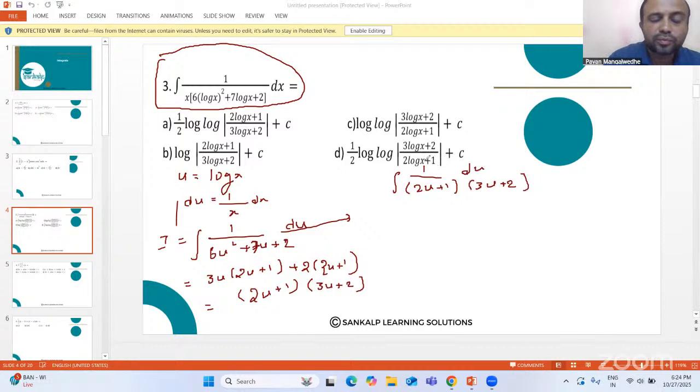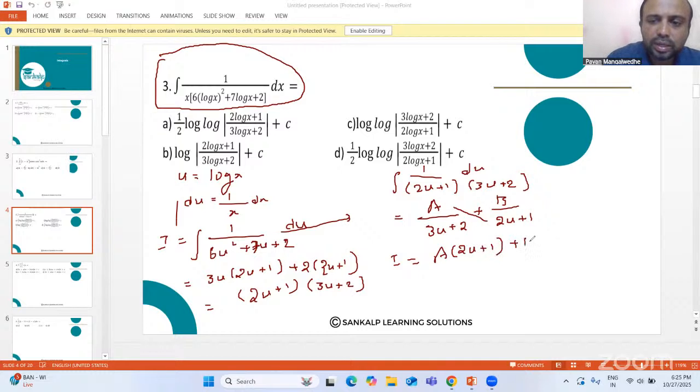This can be written as a upon 3u plus 2 plus b upon 2u plus 1. So now, cross multiplying, 1 is equal to a into 2u plus 1 plus b into 3u plus 2.